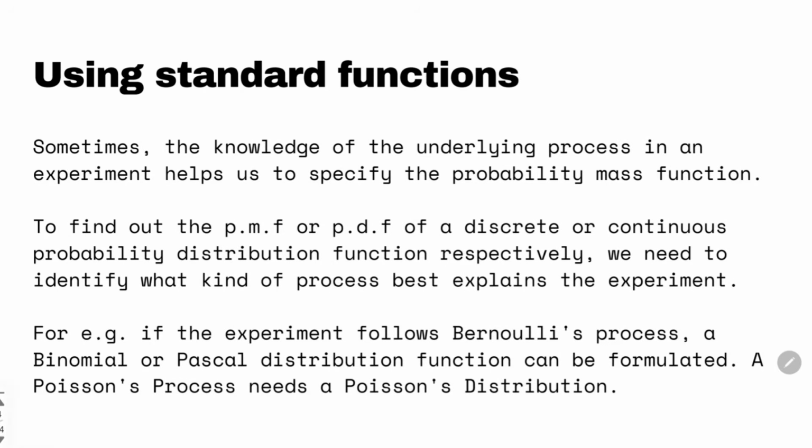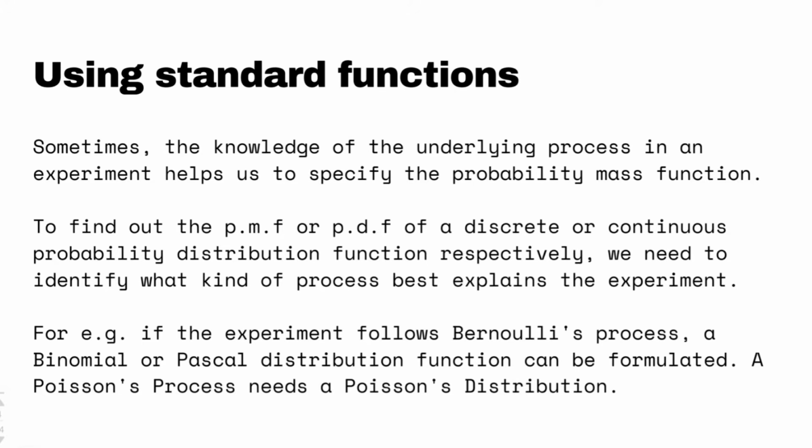Okay, now how do we use the standard functions? Sometimes what happens is that, like we said, we need to identify the underlying process in that particular experiment. Like if we are tossing a fair coin, then we can say that the underlying distribution is going to be a standard one. If we are tossing an unfair coin, then it is going to be a relative probability, right?